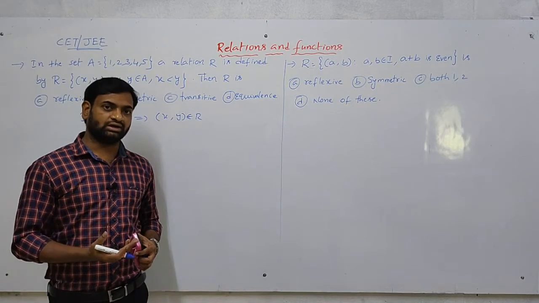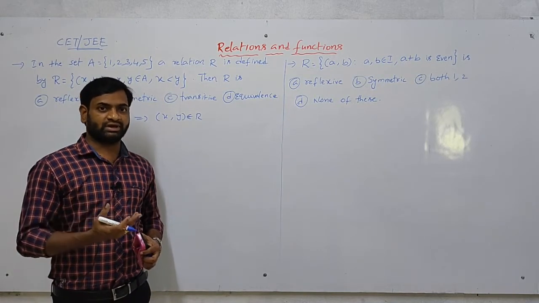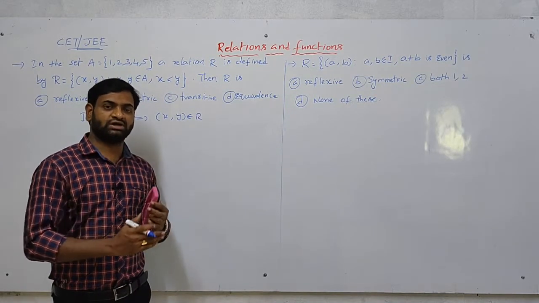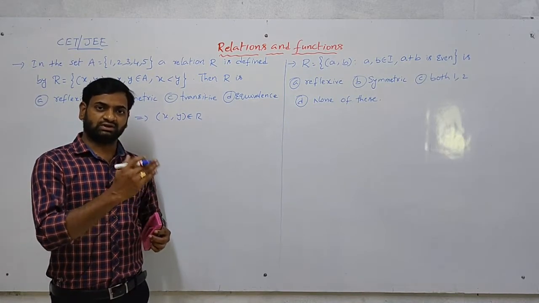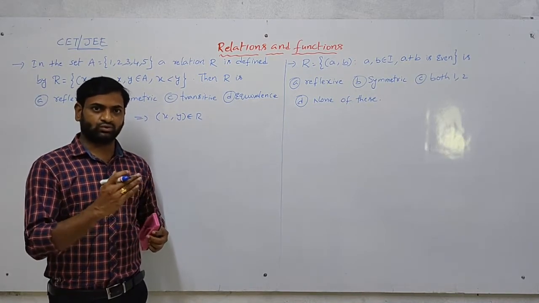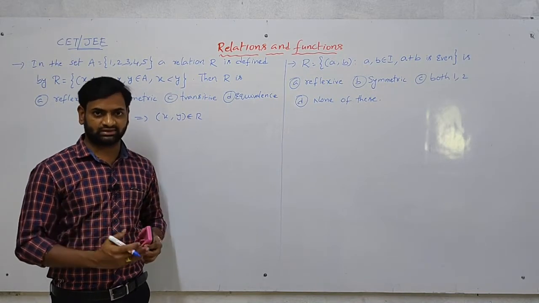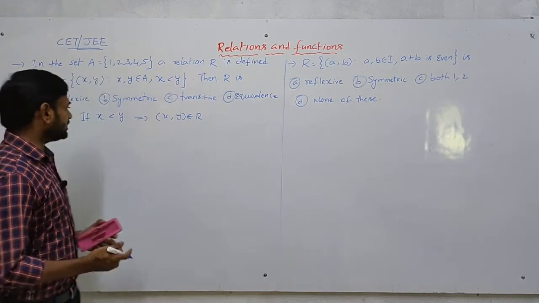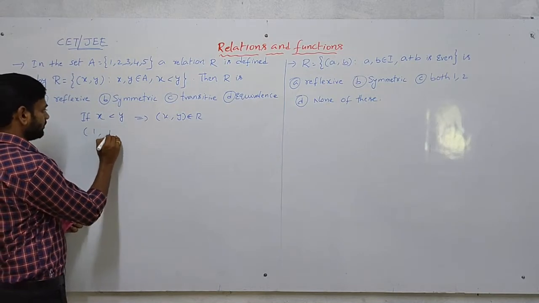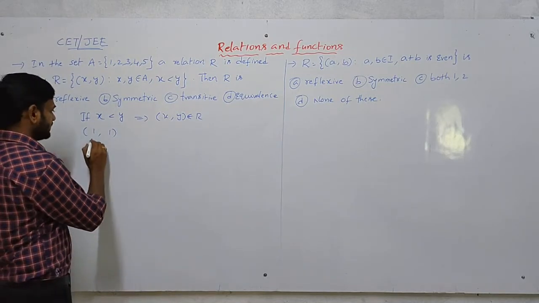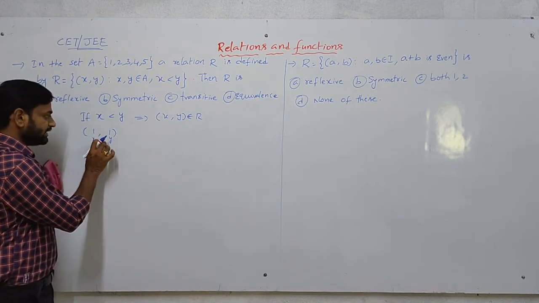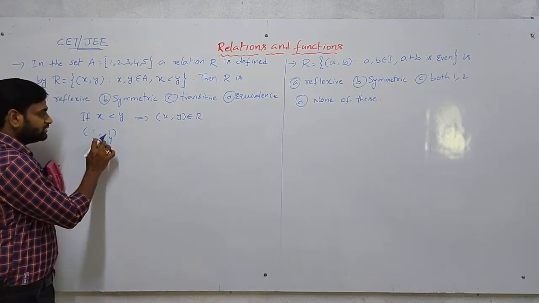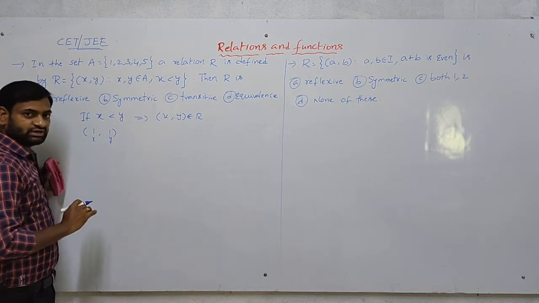Now to check reflexive, always we have to take the pairs where every element is related to itself. That is, if you take 1 it means (1, 1), 2 means (2, 2), 3 means (3, 3), like that. So take one element, suppose (1, 1). x value 1, y value 1. Does this ordered pair satisfy the given condition or not?